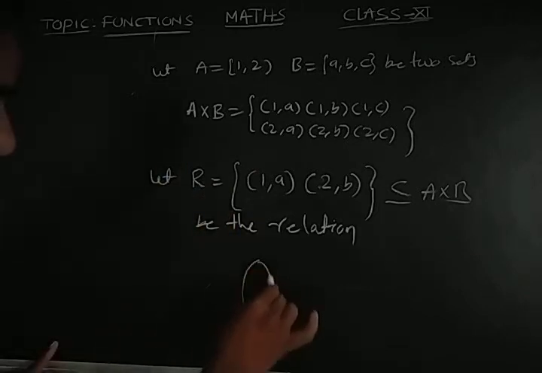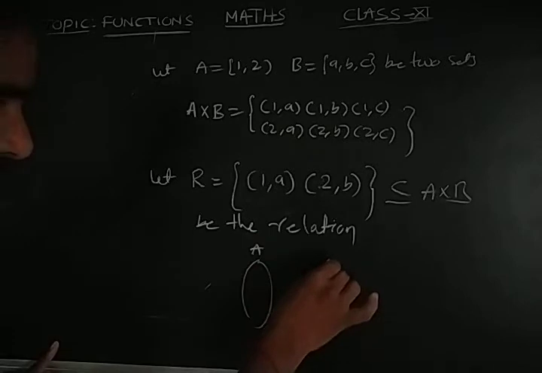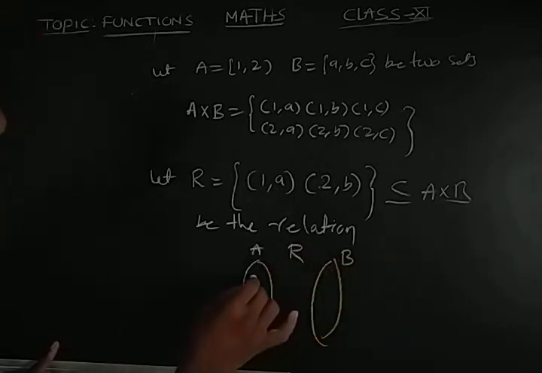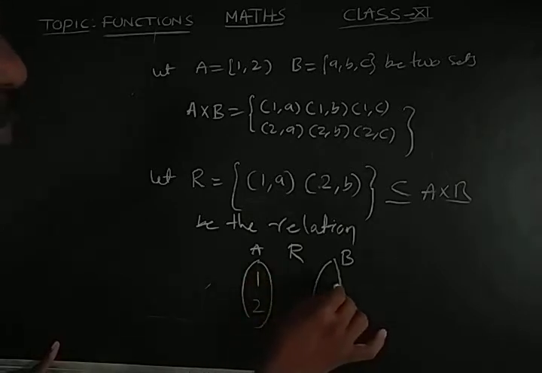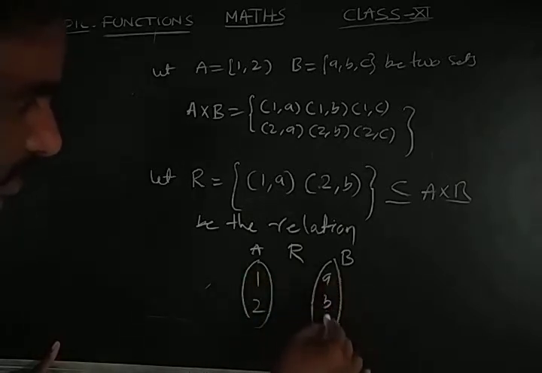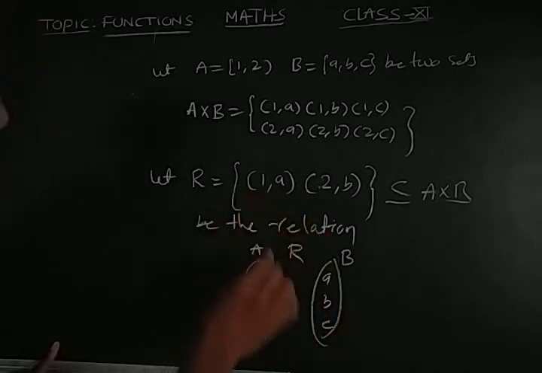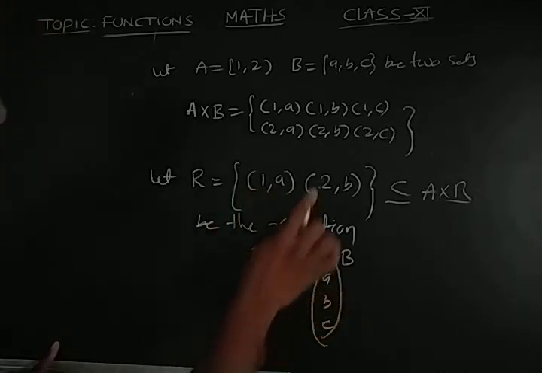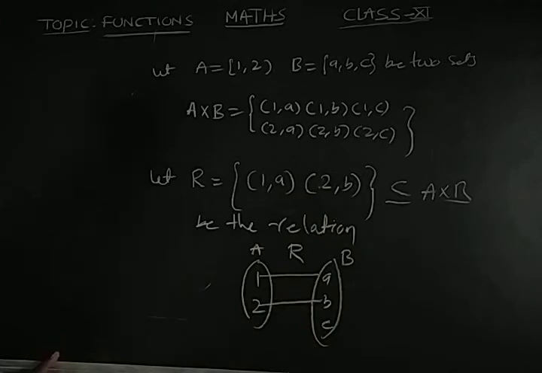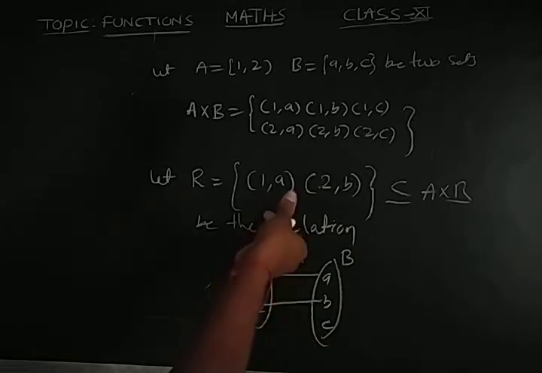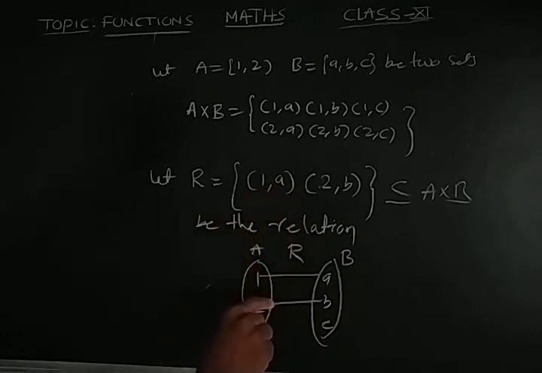Suppose this is the domain and this is the codomain, and the relation is defined like this: domain having 1 comma 2, codomain having a, b, c. In the relation, observe the ordered pairs. 1 is related with a and 2 is related with b. To say this relation is a function, I am going to check the two conditions.